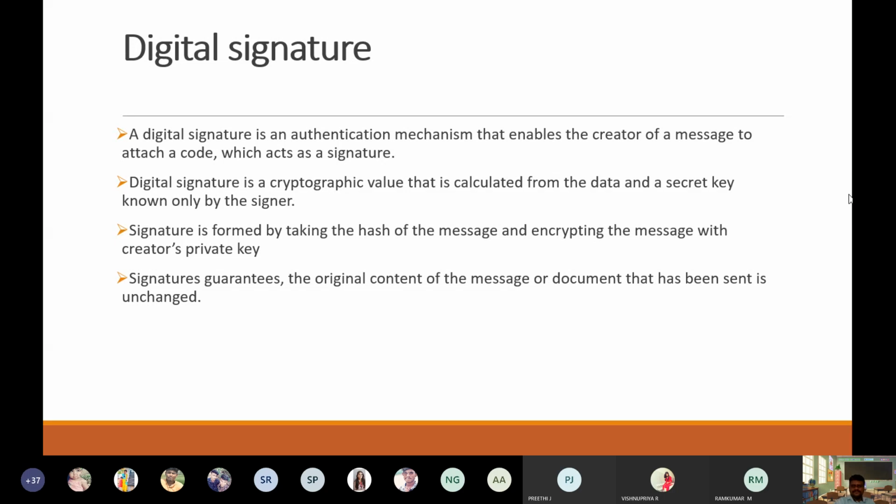Ashwin? Ashwin, are you there? No. Charumati? Present, sir. Okay. Durga? Durga?